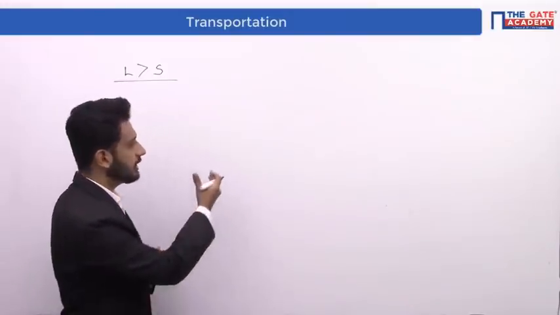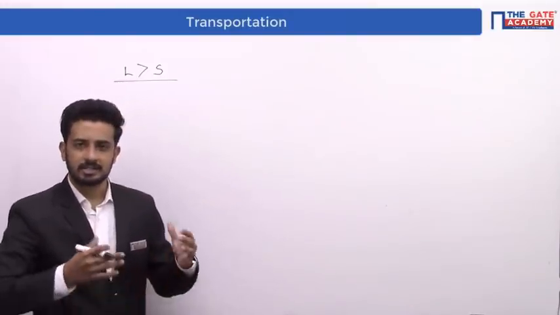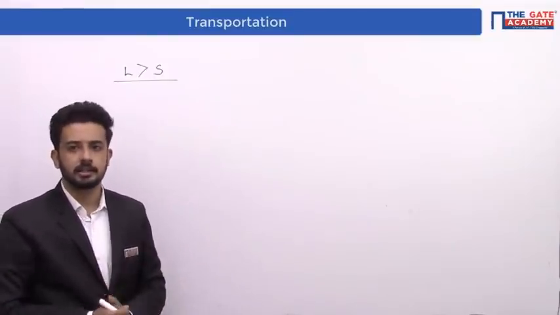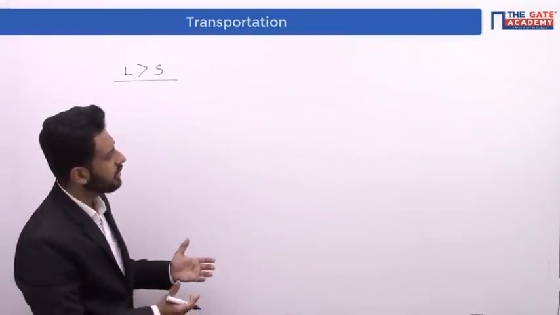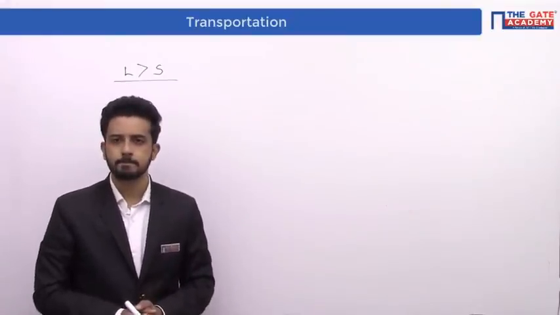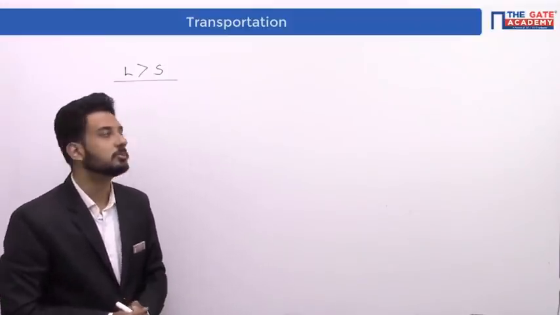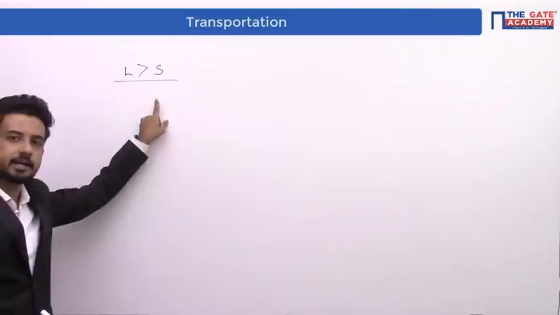And if the length of this summit curve is less than the safe stopping sight distance, we are having another equation. So here, whether they have given any condition? No. Then what do we have to do? Always we have to assume that L is greater than S.